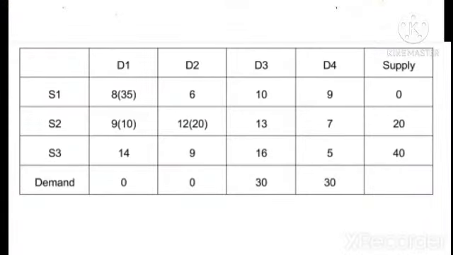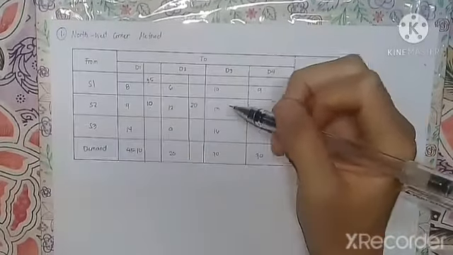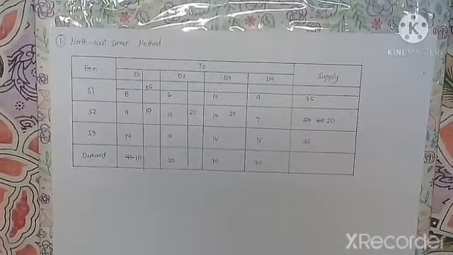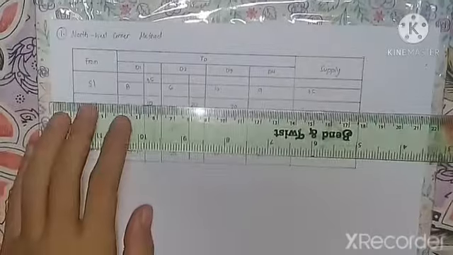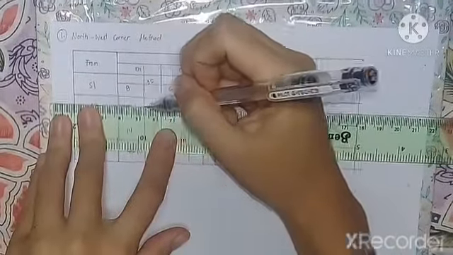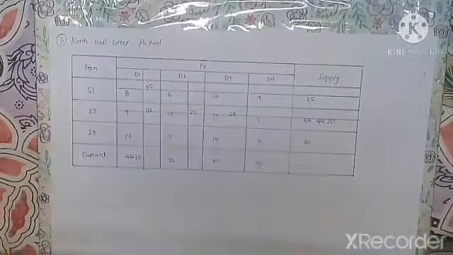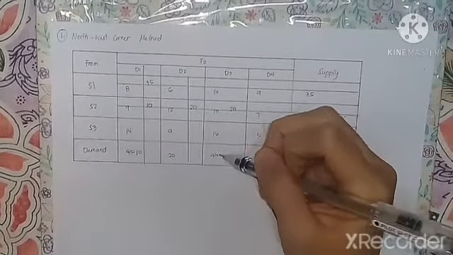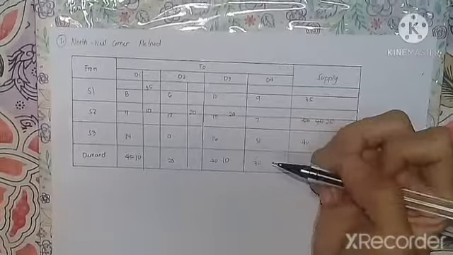Let's move on to the next cell. The demand here is 30 and the supply is 20. The least value is 20. This exhausts the capacity of S2 and leaves 30 minus 20 equals 10 with D3.